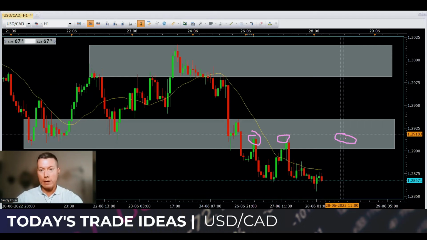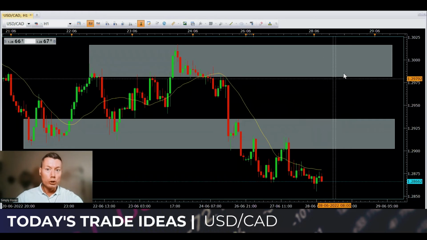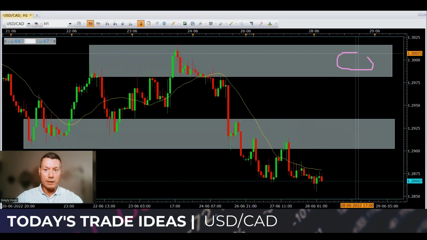Get into the trade, take price back down to these lows, close 80%, and then leave 20% to run down to our higher time frame target. If that doesn't happen, price could retrace all the way up into this grey zone. I don't expect that to happen, but it could. I don't have a crystal ball.